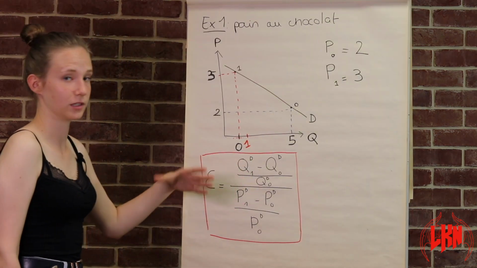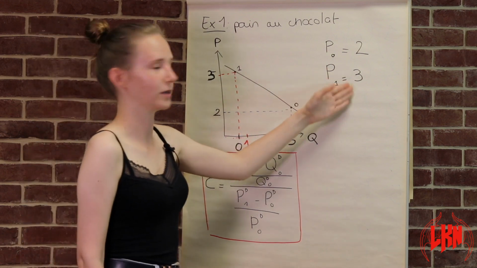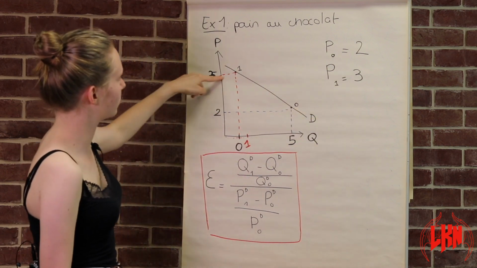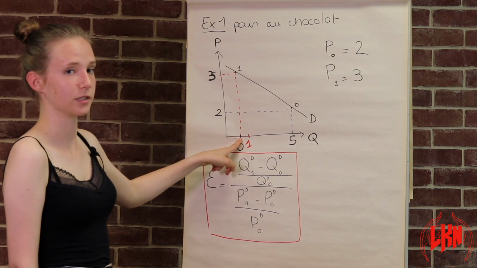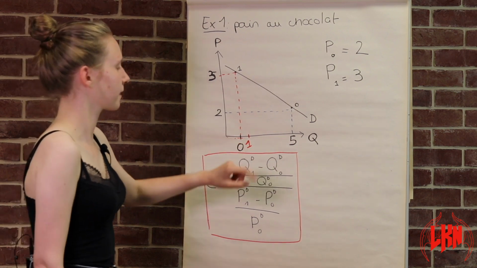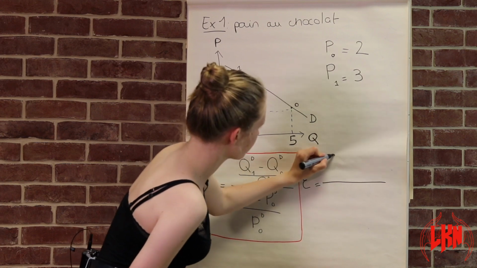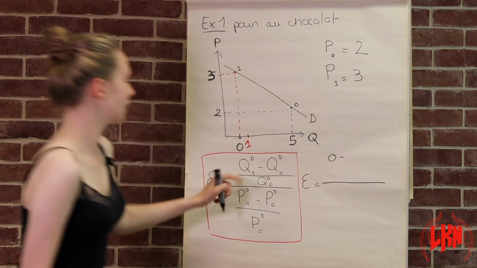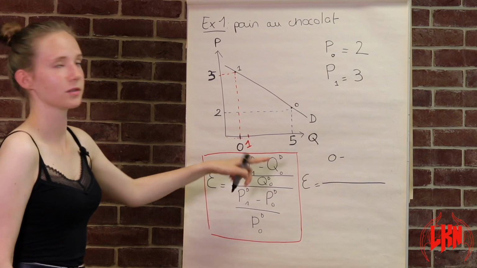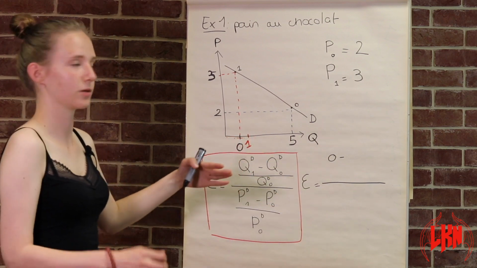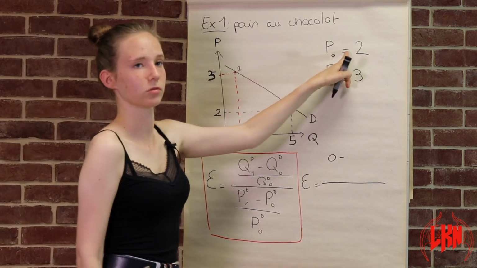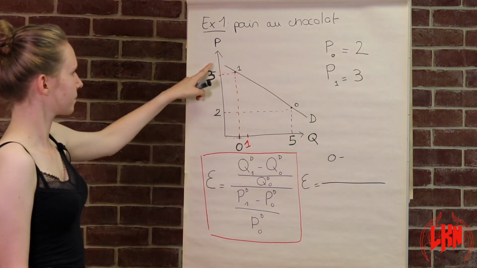What is the quantity demanded 1? It is the quantity demanded when the price is 3. On the graph, at price 3, the quantity demanded is 0. So here we can write 0. Then quantity demanded 0 is the quantity demanded when the price 0 is 2.